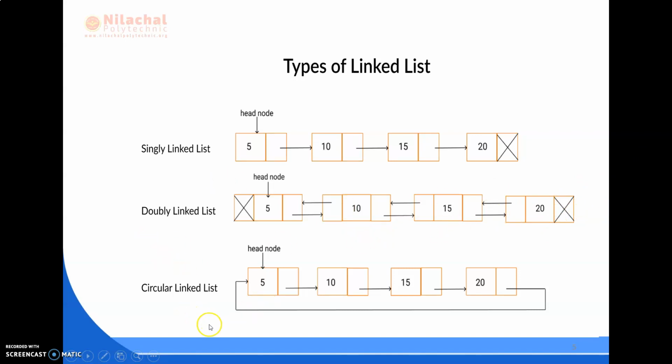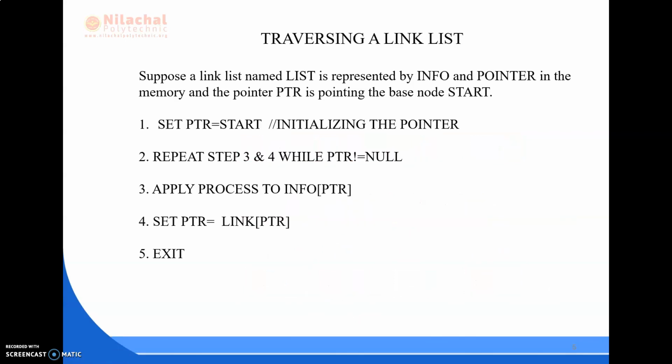In the circular linked list, the only difference is that the last node's link part is connected to the header or start part of the first node, making a circular structure. That is why it is known as a circular linked list.